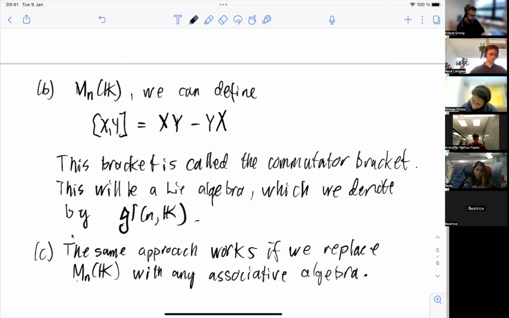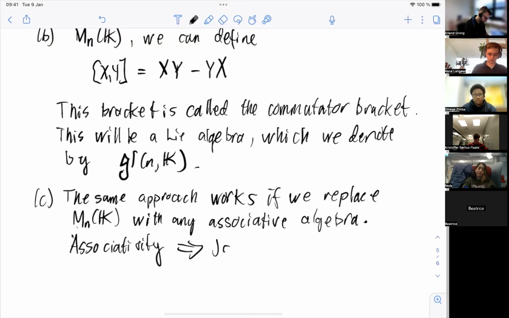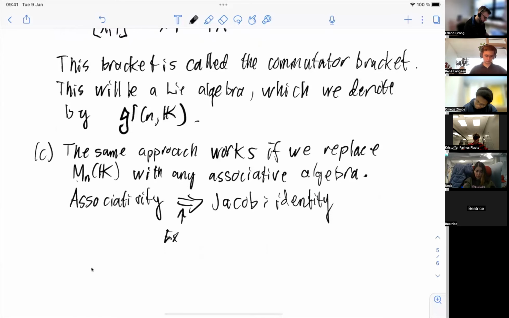If we have some other associative algebra with some sort of multiplication, then we can do the same commutator bracket and get a Lie algebra. That's exercise 3.1. And the fact that you have associativity will give you this Jacobi identity.